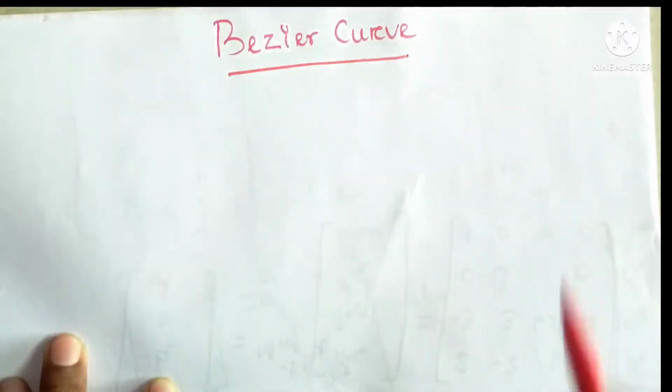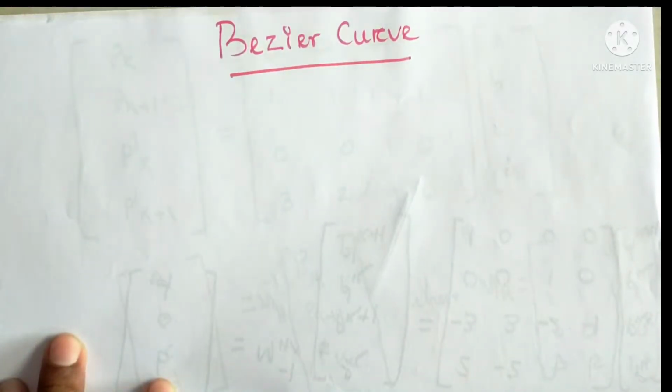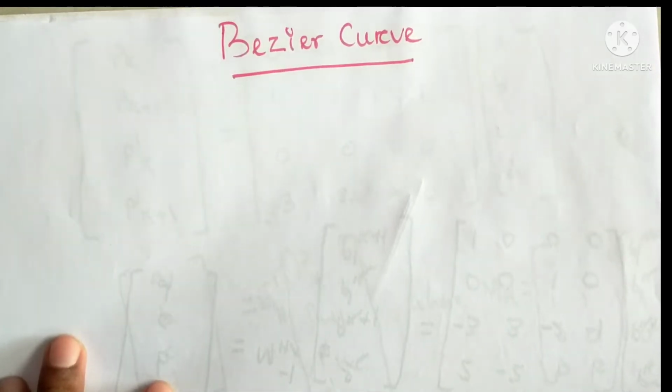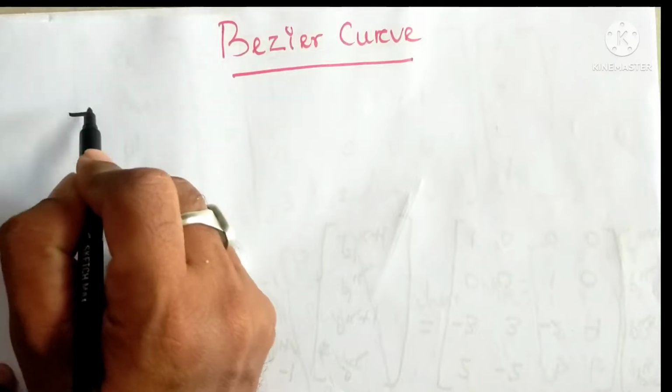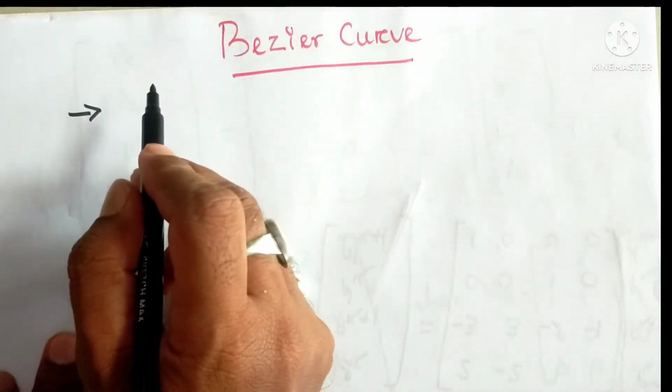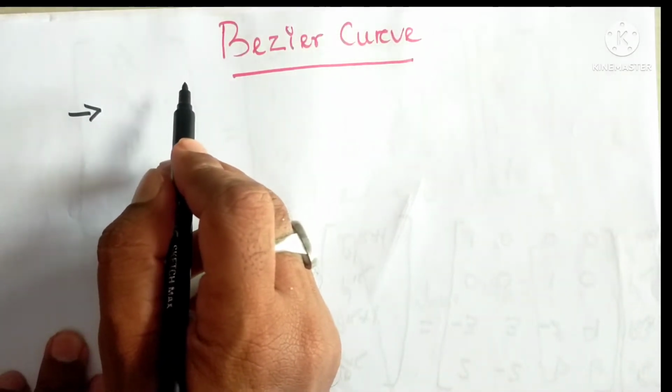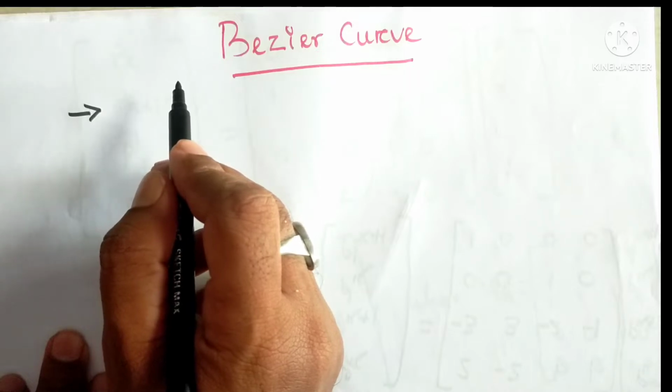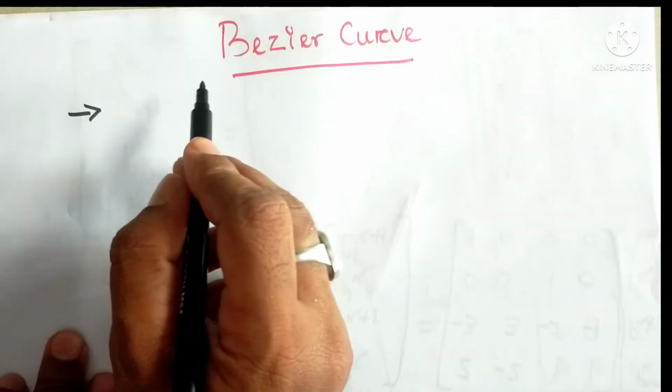So Bezier curve is an approximation spline curve. We know that spline curves are of two types: one is the interpolation spline curve and another is the approximation spline curve.